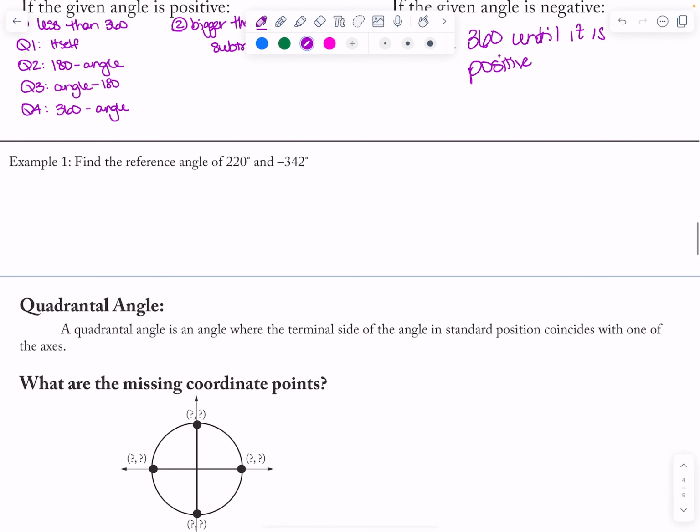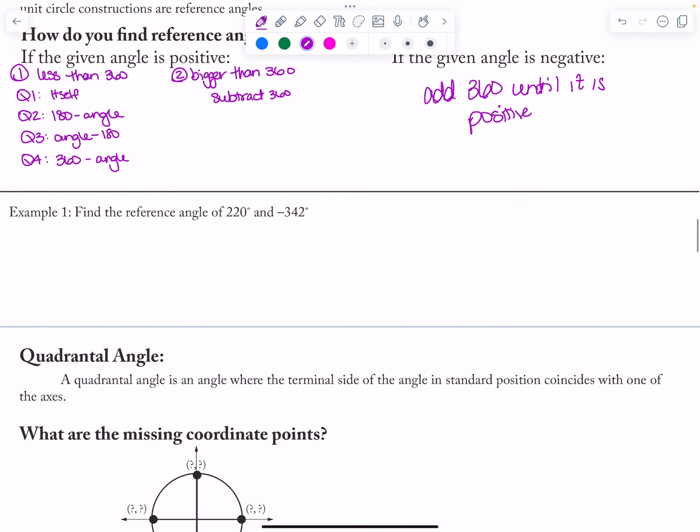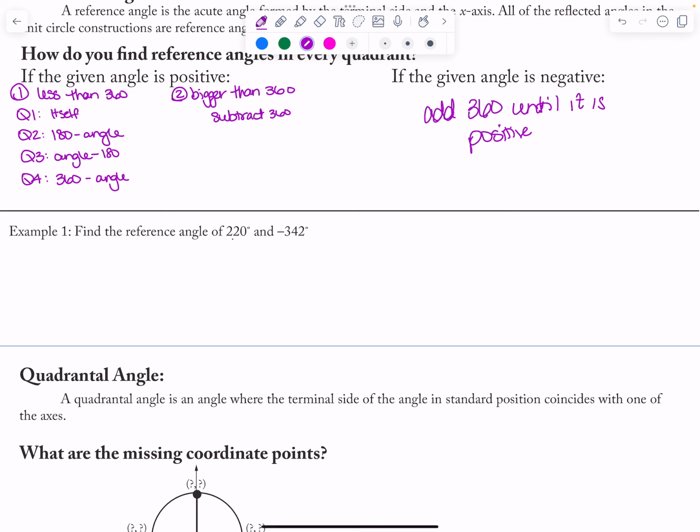All right, so if I want to find the reference angle for 220 degrees, I'm going to use this little formula that we have here. 220 is in quadrant 3, so it is the angle measurement, 220 degrees minus 180, and you get 40 degrees.